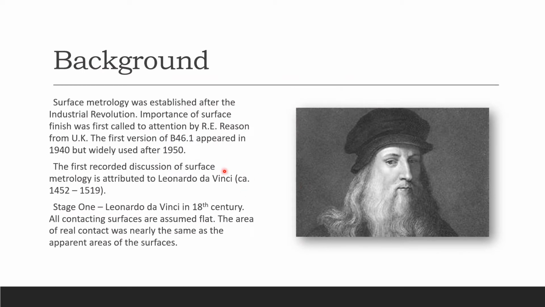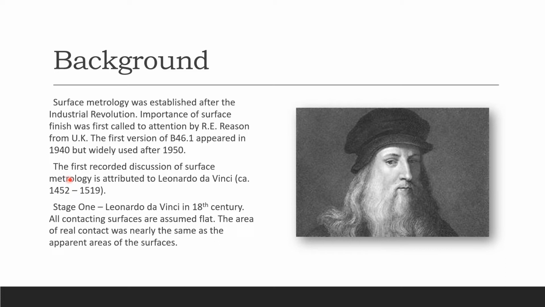The history of surface metrology was established after the Industrial Revolution, when the importance of surface finish was first called to attention by R.E. Reason, from the United Kingdom. The first version of B46.1, that's a standard, appeared in 1940, but was widely used about 10 years later.